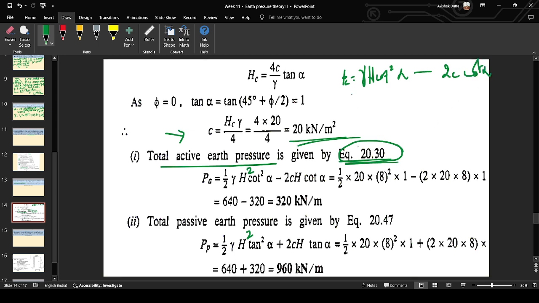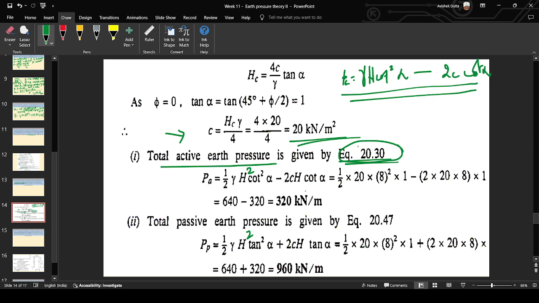Upon integration, it will be H square by 2, and the other term will have a value of H, which is correct here, but they forgot to write H square. Anyway, just correct this equation. Half gamma H square cot square alpha minus 2cH cot alpha is the value of the total active earth pressure.